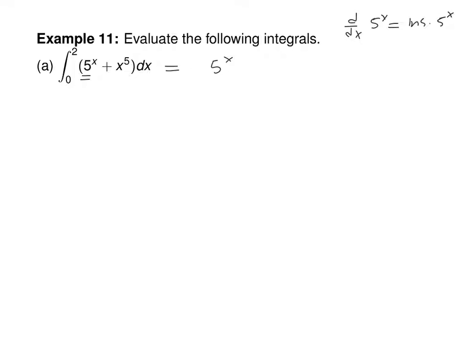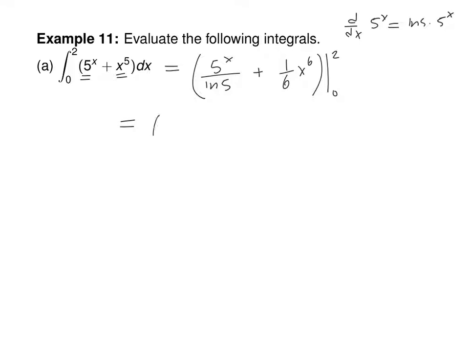So it's going to be 1 over ln 5, over ln 5. What's the antiderivative of x to the fifth? 1/6 x to the sixth. Awesome.